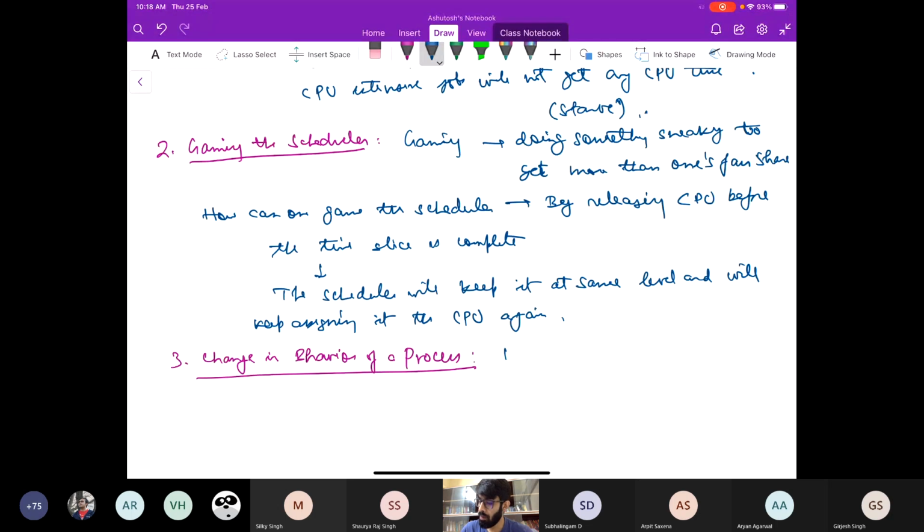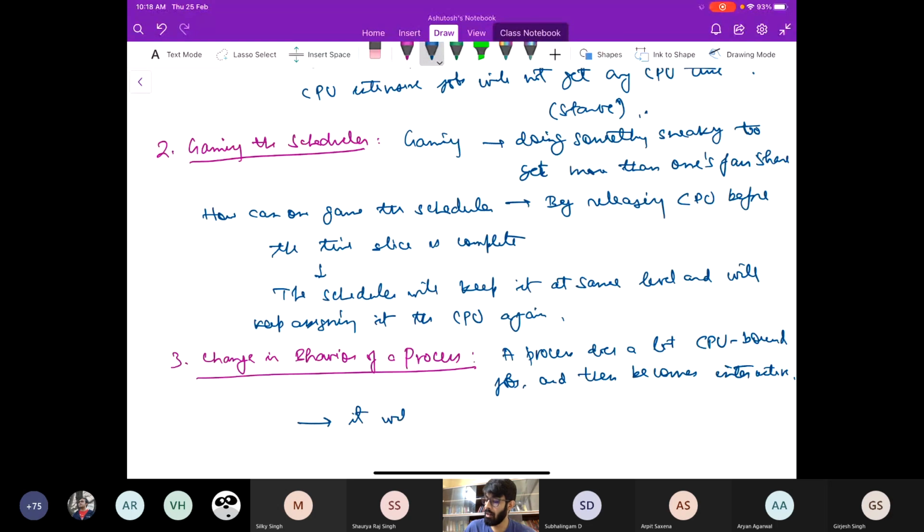So suppose a process does a lot of CPU bound work and then becomes interactive. It will remain at low priority. So these are the three problems with the current approach.